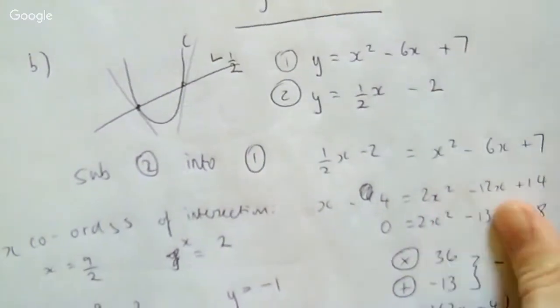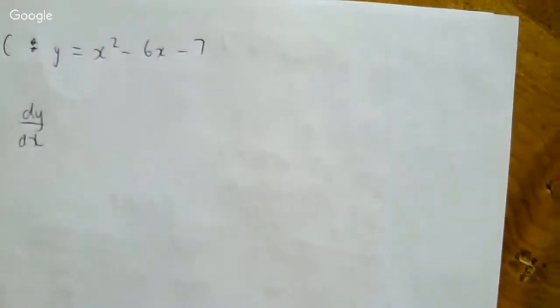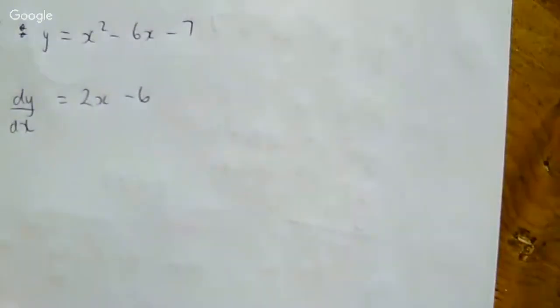Again, I'm going to have my C value here, which was y is equal to x squared minus 6x minus 7, and we know its differential was 2x minus 6.